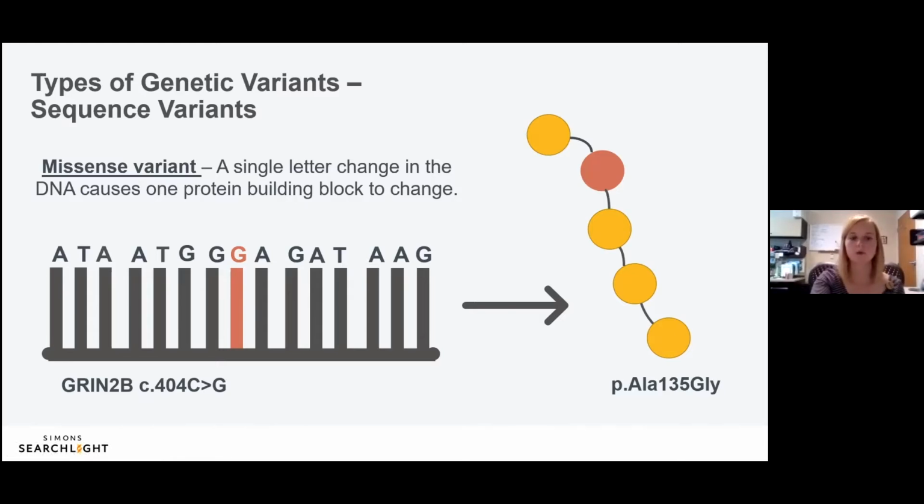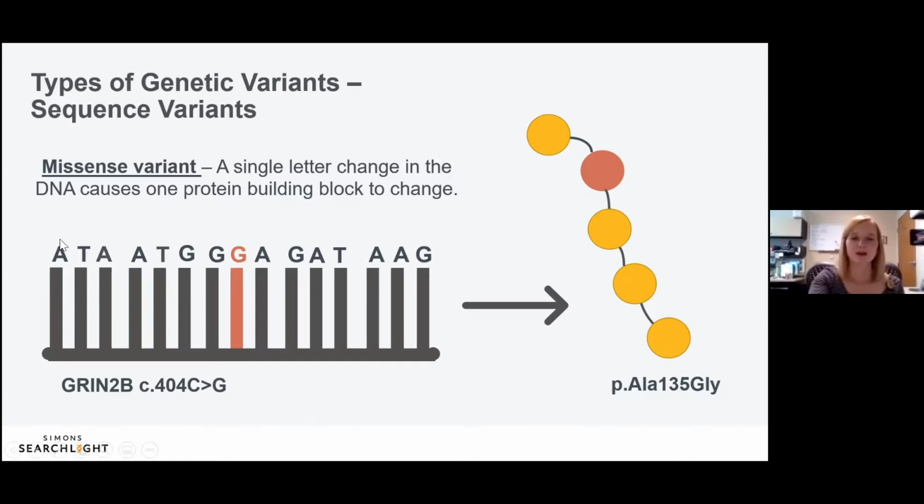So for example, in this case, this is telling me that the 404th DNA letter of the GRIN2B gene is typically a letter C, but in this case, it's been changed to the letter G. So up here, we would see typically this is a C, now it's a G.